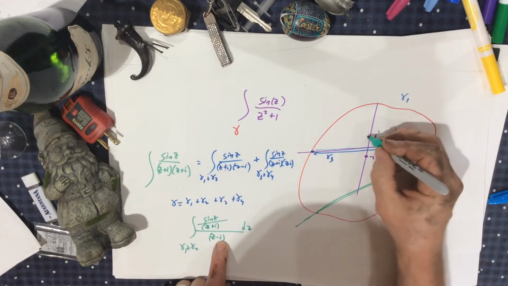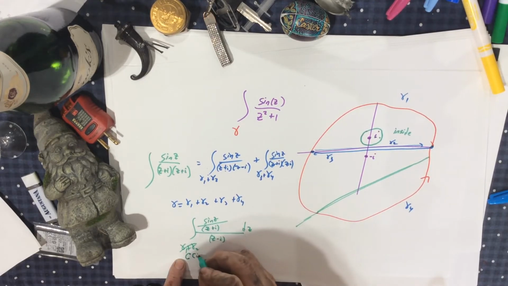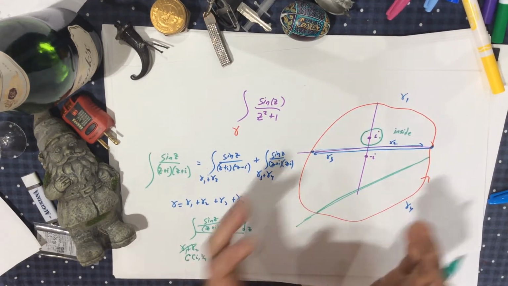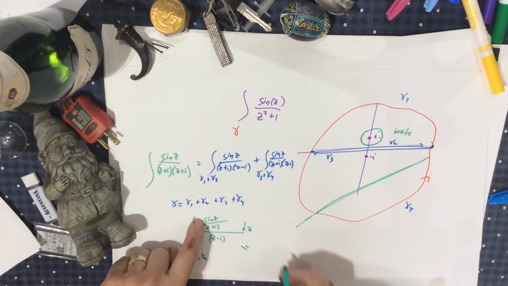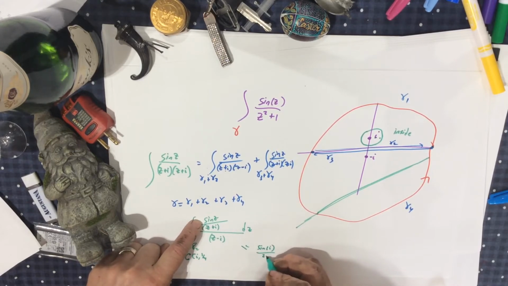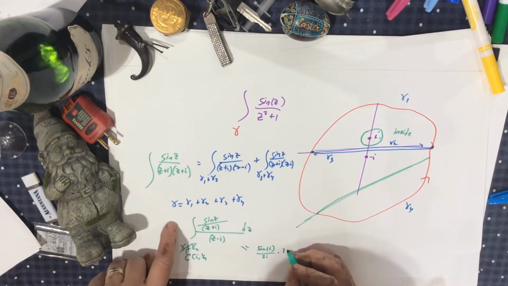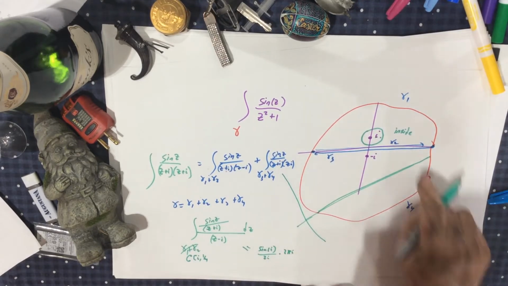We're going to make this have a circle centered at i of some small enough radius to fit inside of there. And then by the Cauchy theorem, this is just going to be this function, sine of i over 2i, times 2 pi i. That's that integral value.